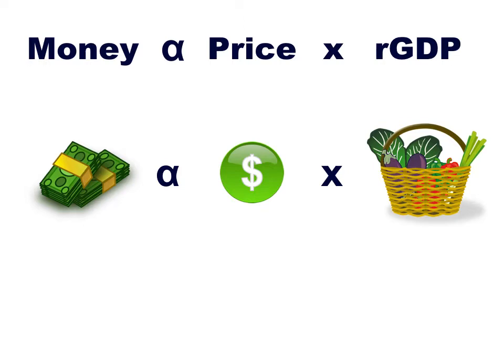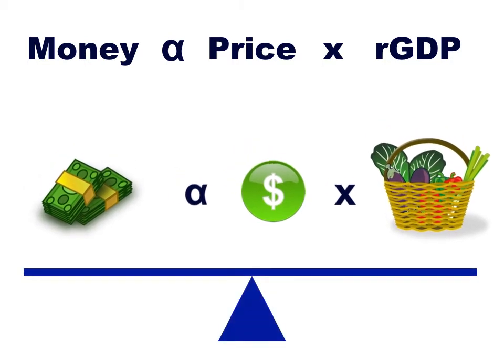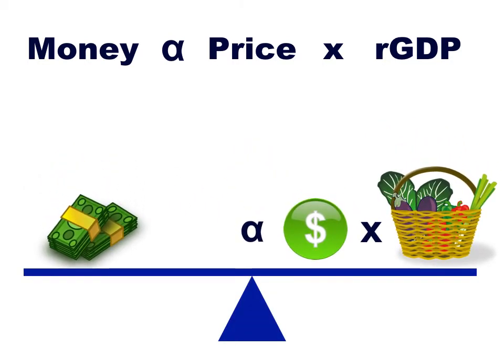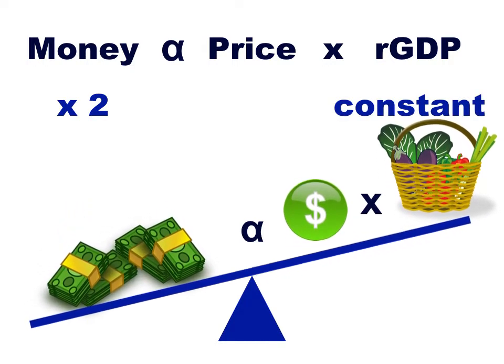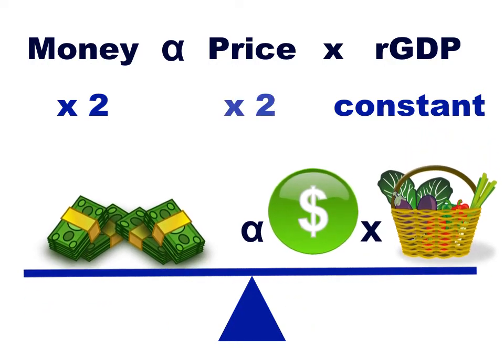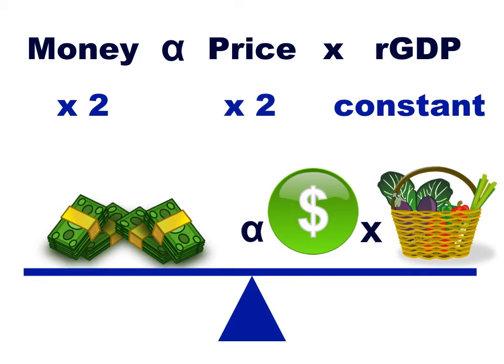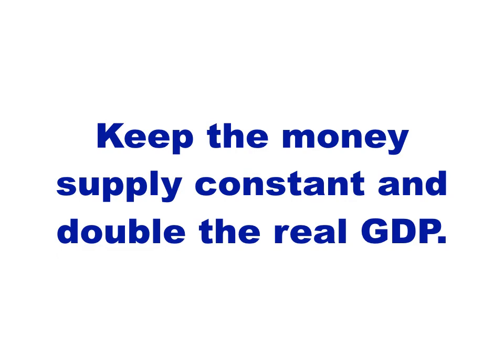Well, according to our estimation, where the growth in the money supply is approximately the growth in the price plus the growth in the GDP, we can see if I doubled the money supply and I kept my real GDP constant, in order to keep these two sides equal, I am going to have to double my price. Let's keep the money supply constant and double the real GDP.